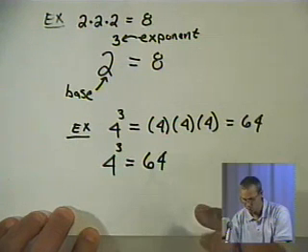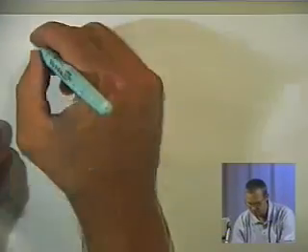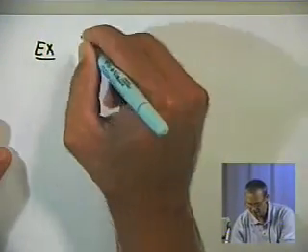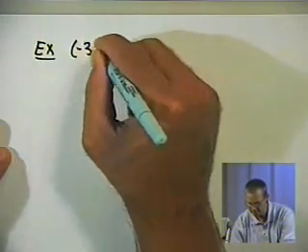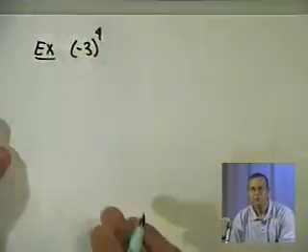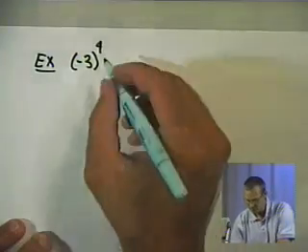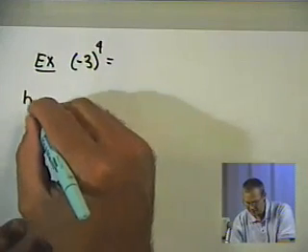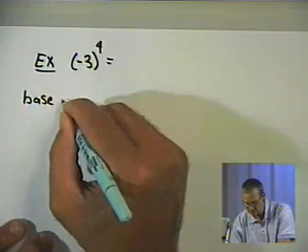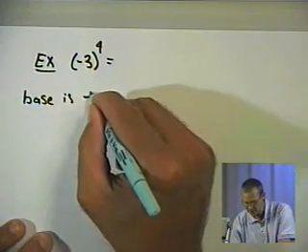How about negative 3 to the fourth power? Well, again, our base in this case is negative 3. Our exponent is 4.